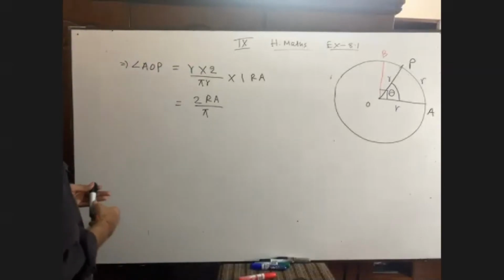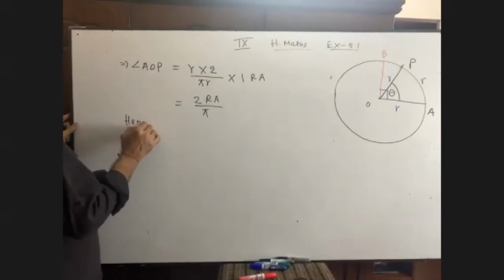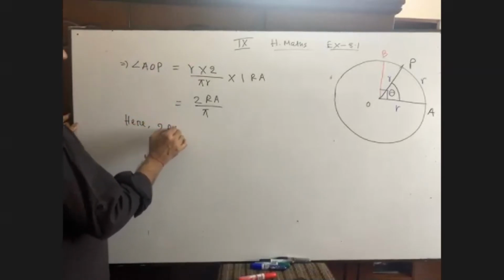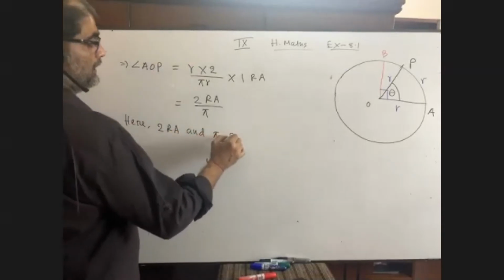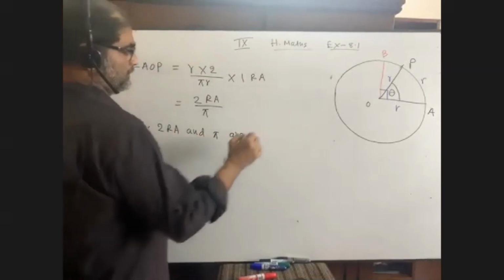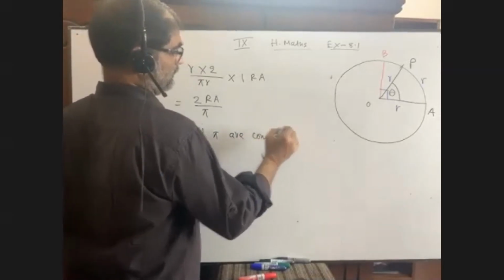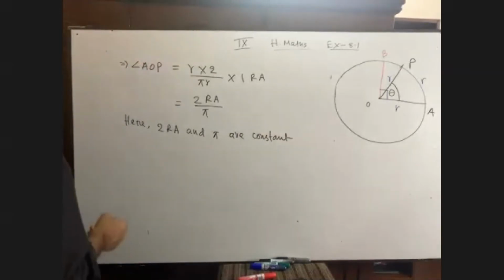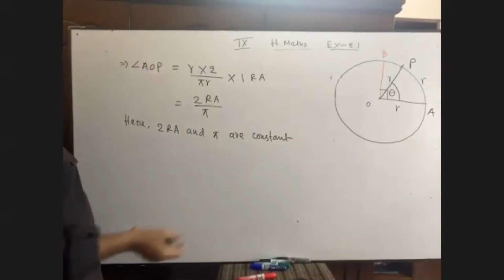So we can write here, two right angles and pi are constant. What is meant by this? This is constant, this is constant, constant by constant is constant.